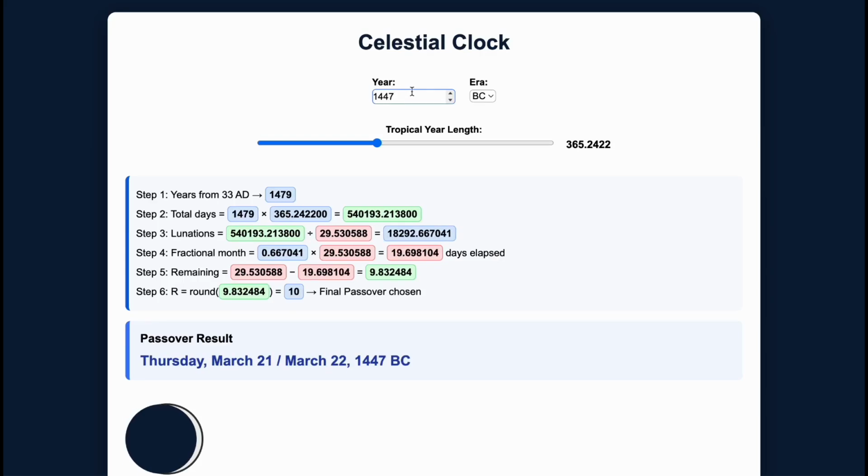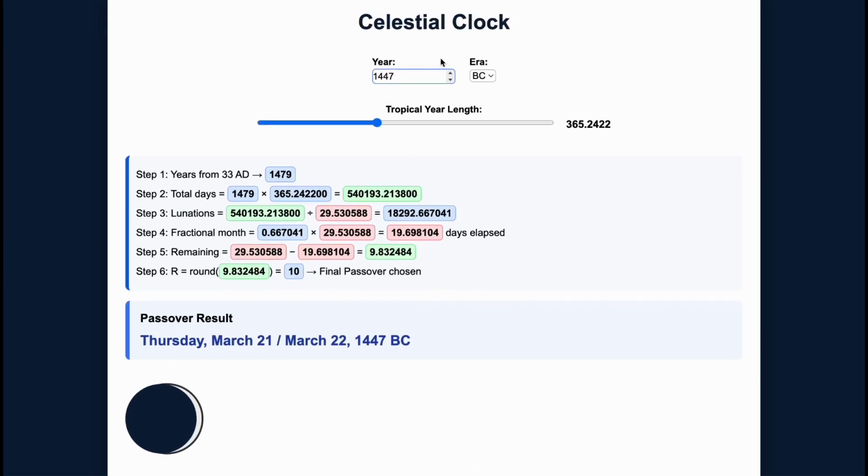In 1447 BC, Passover was Thursday, March 21st / March 22nd, and in 1407 would be Saturday, March 29th / March 30th. So these are the two dates, the starting date and the end date, 40 years later, when Passover occurs, and we're going to see if this fits with the Bible.